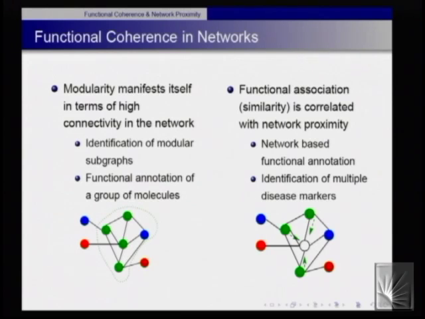People have used networks to make functional inference, and the main assumption is, again, that molecules that are functionally associated form dense clusters in the network. Second, even if we generalize this, there is some relationship between network distance or network proximity and functional similarity. This principle has been used, for example, to predict the function of proteins.